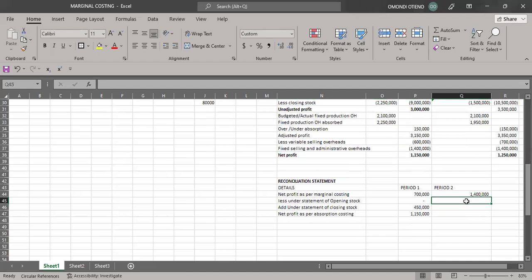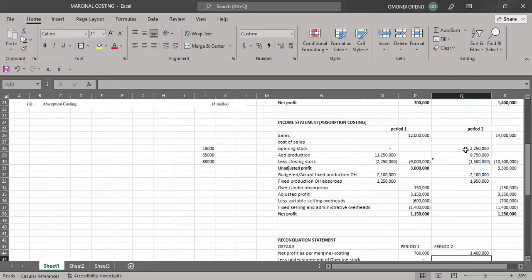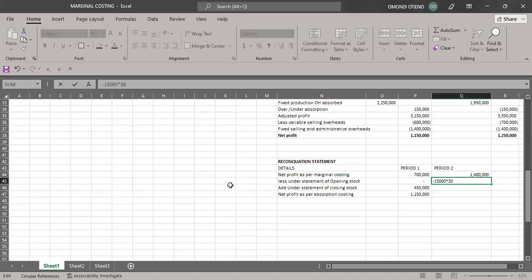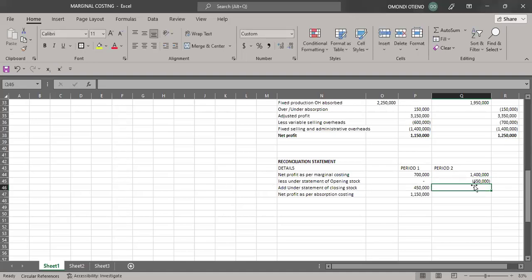Let's go to period 2. Under period 2, we have opening stock. In terms of quantity, we have opening stock of 15,000 units. The 15,000 units we multiply by the understatement or fixed overhead per unit. What have we said? We need to less the understated opening stock.